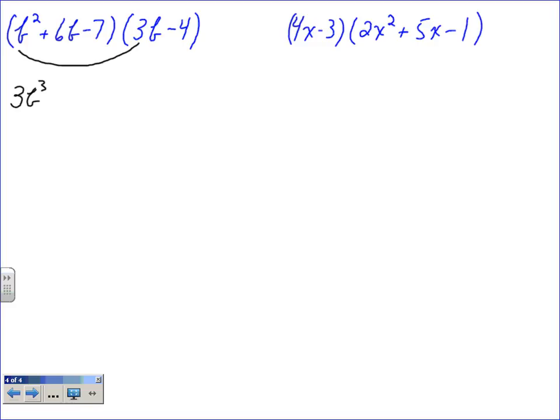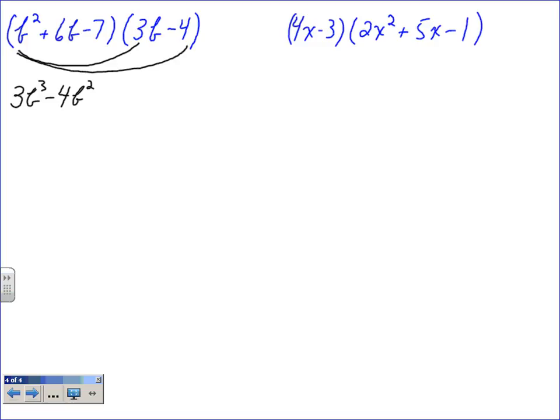And then I have b squared times negative 4 would give me negative 4b squared. I can't distribute that b squared anymore, can I? No.